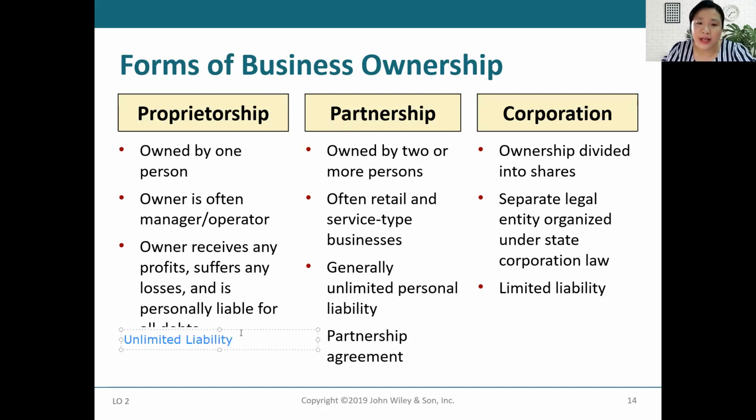It means that when the companies go bankrupt, they have to sell their own assets or their own resources to pay back the company debt. So proprietorship and partnership have unlimited liability, but a corporation has limited liability.